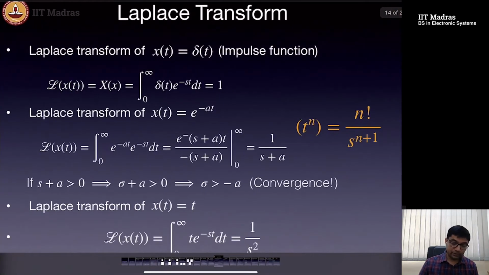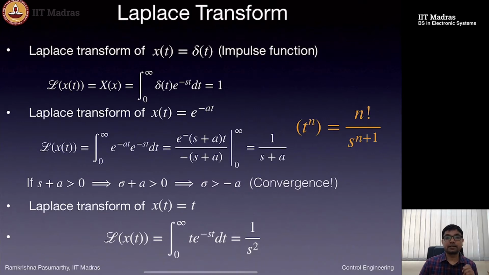So we will learn this by looking at some very basic signals. Some of them I'll do the derivations, others I'll just leave as an exercise. So the basic test signals that we saw: the impulse, the step, the ramp, and so on.